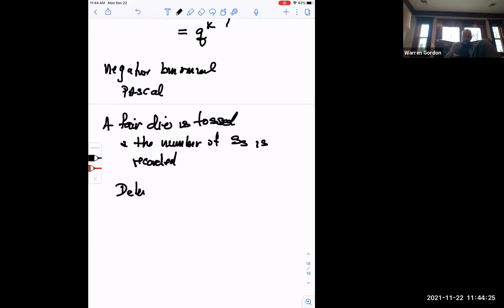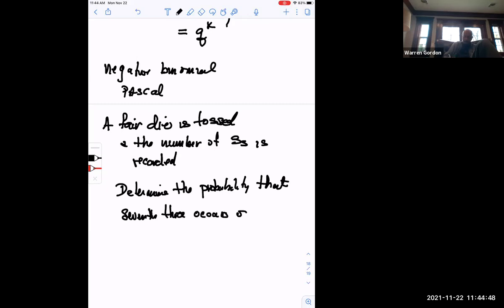Determine the probability that the seventh three occurs on the 11th toss.